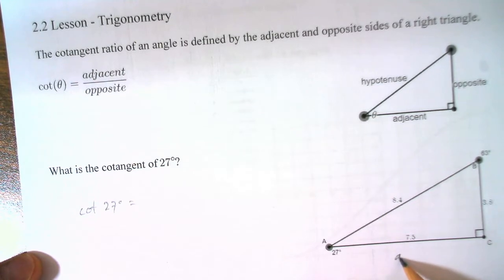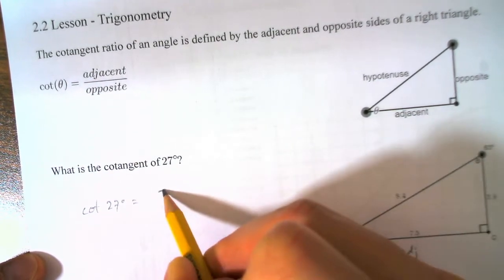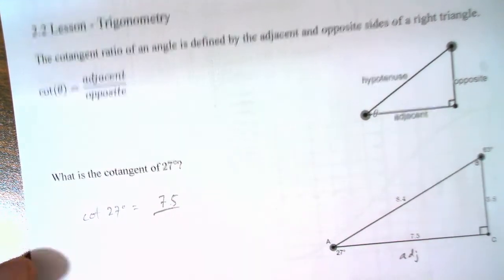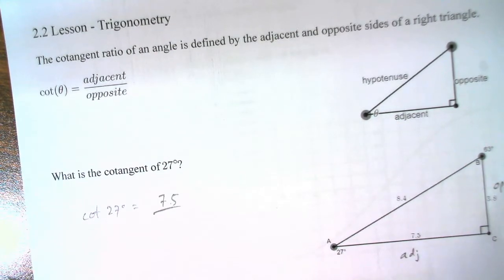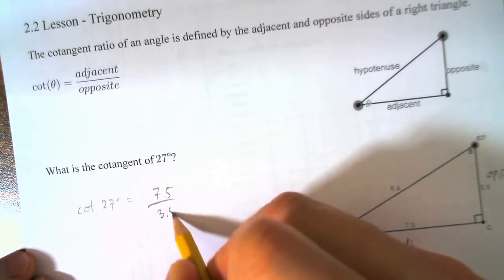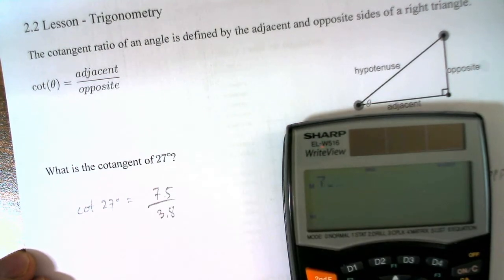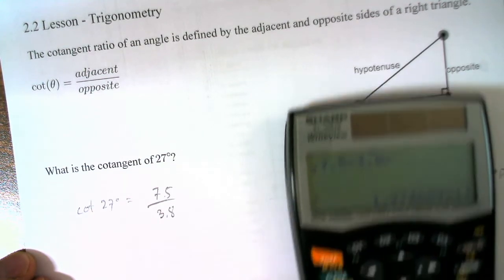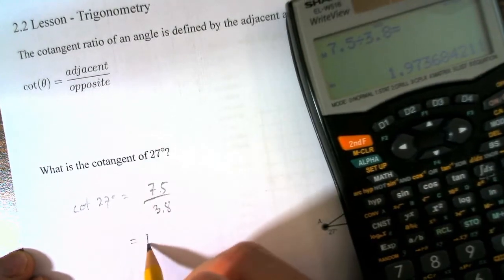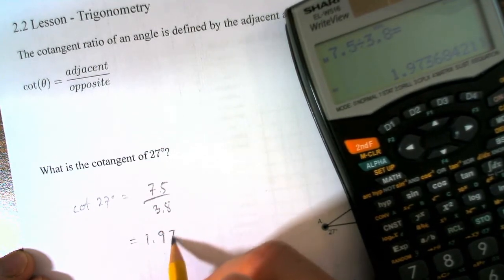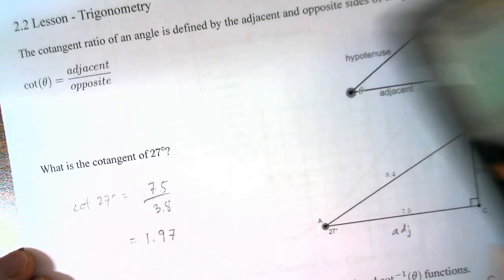So the adjacent side is 7.5 and the opposite is 3.8. .97.